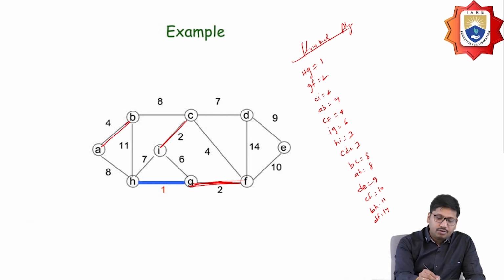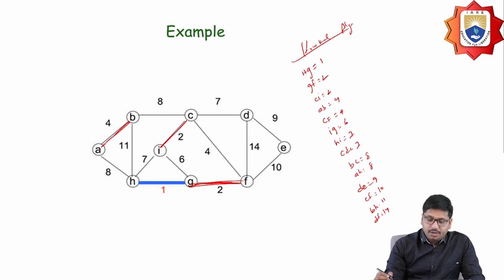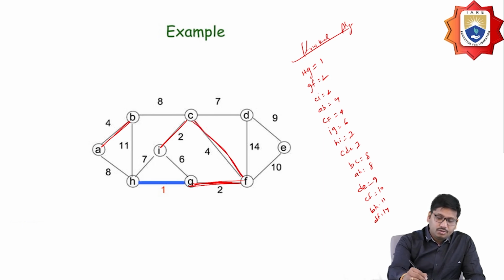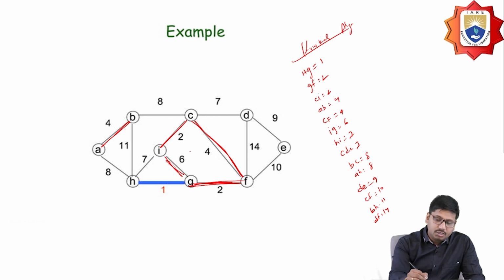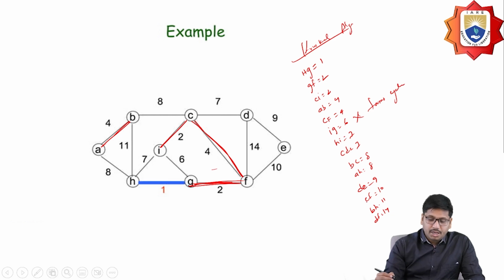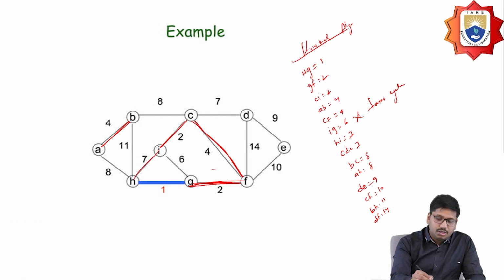AB, 4. And then CF, which should also be 4. And IG. If I select this IG, it is going to form a cycle. That's why it is not going to be considered. And HI. HI is also going to form a cycle. So this one is also not going to be considered.